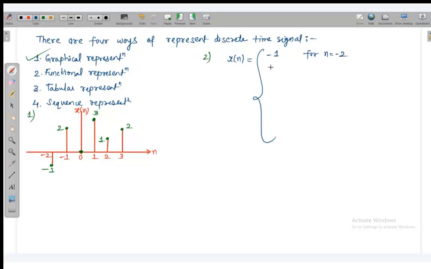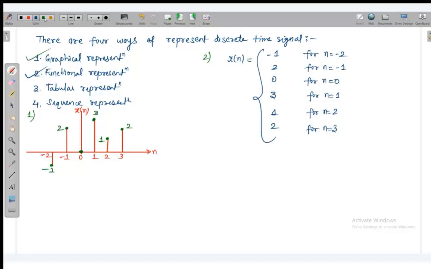And at n equal to -1, it is 2. For n equal to 0, it is 0. And for n equal to 1, we have 3. For n equal to 2, we have 1. For n equal to 3, we have 2. Okay, so this is called functional representation.